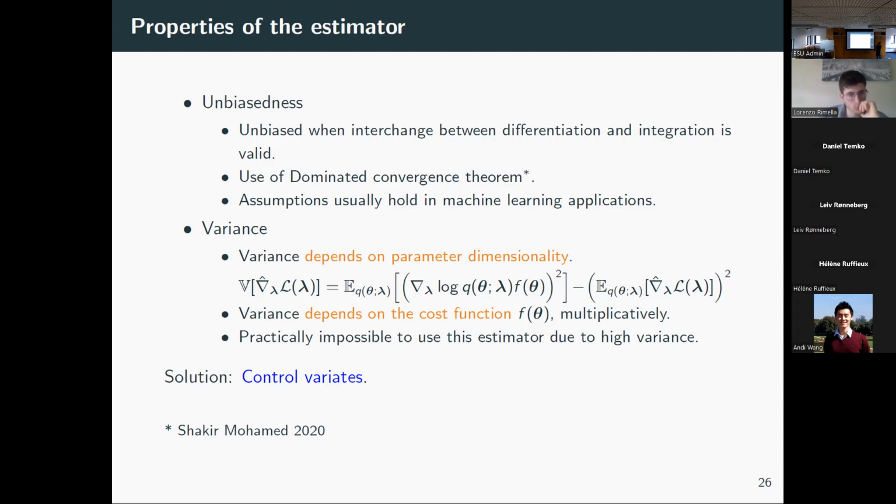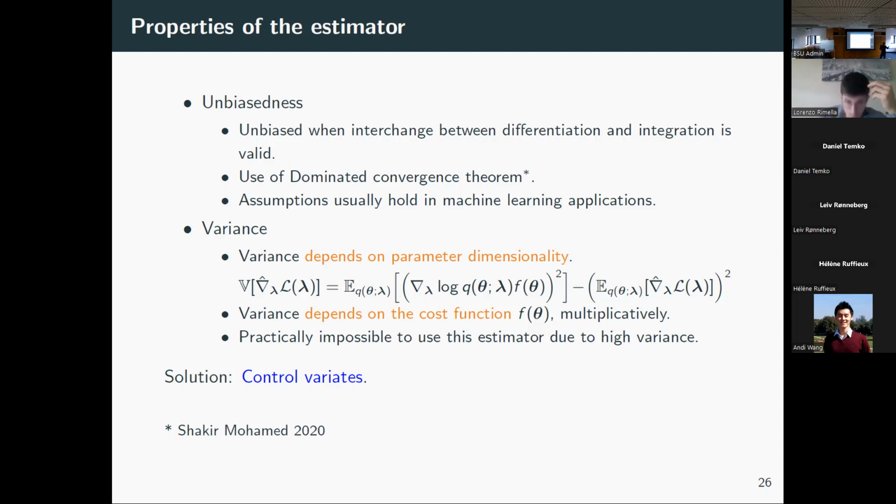That means if your variational distribution is like a uniform, where its support is based on the parameter, then you have a continuity problem. So there is some theory there, but generally in machine learning applications this is mostly used.